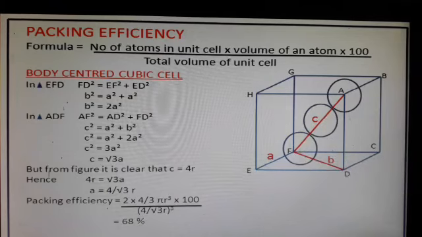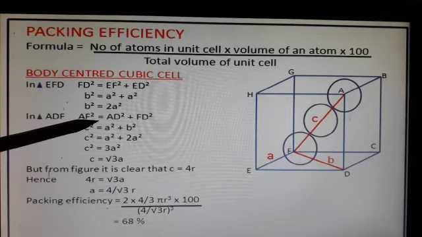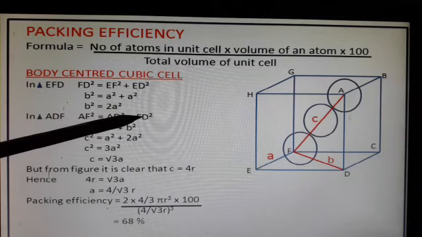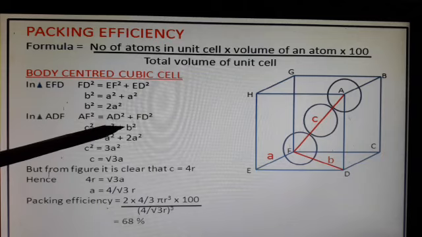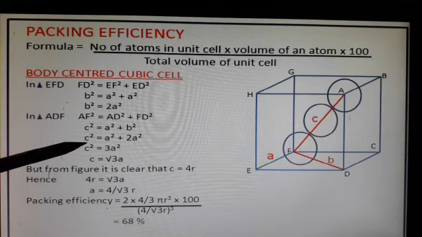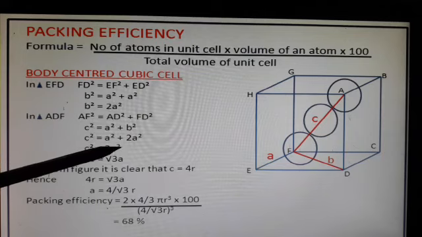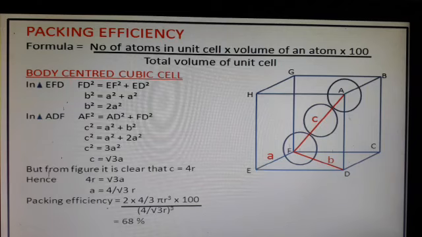So again, from Pythagoras theorem we know AF square is equal to AD square plus FD square. Value of AD is an edge, so it is A square, plus value of FD, it is B square. But B square is equal to 2A square. So C square will be equal to A square plus 2A square. It's 3A square. C is equal to under root 3A. It's the value of C. C means what? Value of AF. This AF is equal to under root 3A.